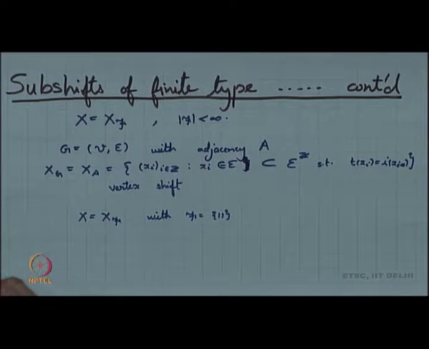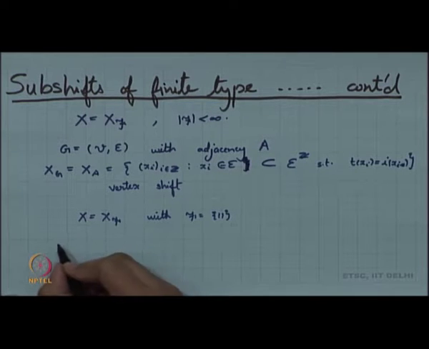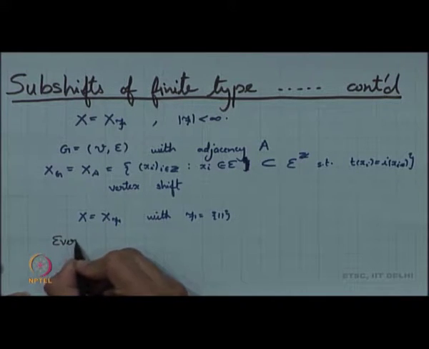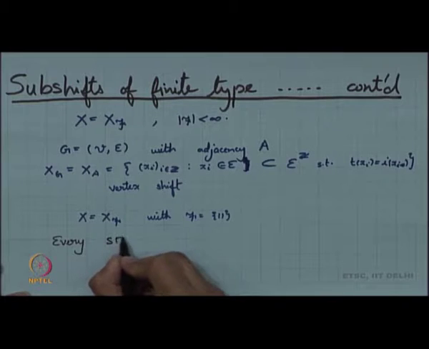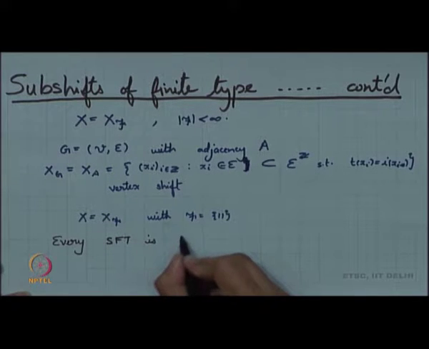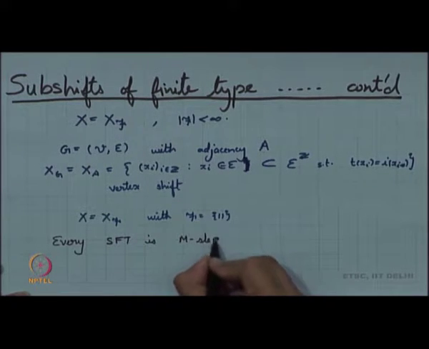So, all we can say here is that, again recalling, every subshift of finite type is an m-step subshift of finite type.